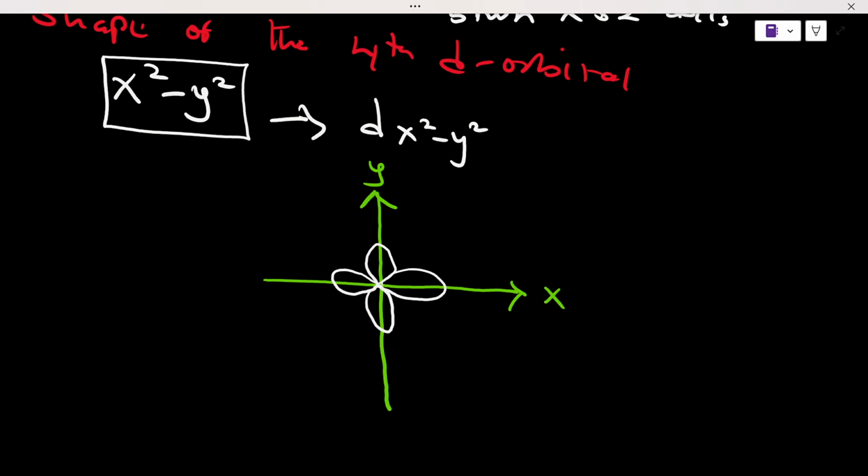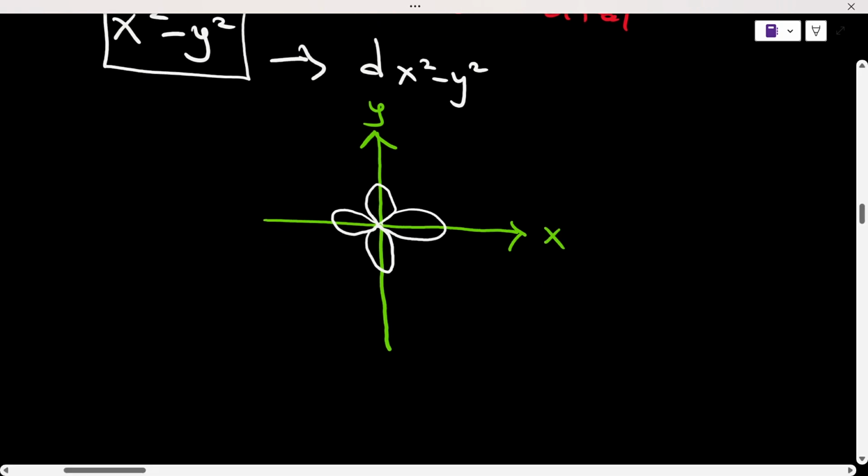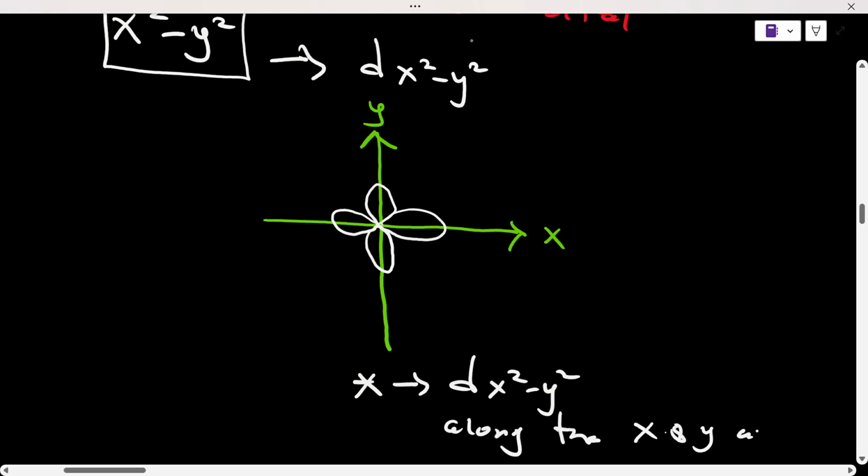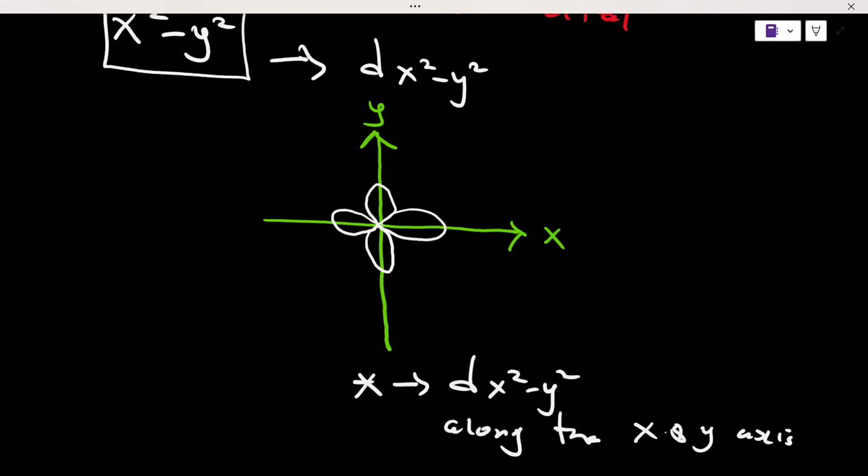But the key thing is, it tells us that the x squared minus y squared is drawn along the x and y axis. So it overlaps on those spaces, but its center is within the lines.